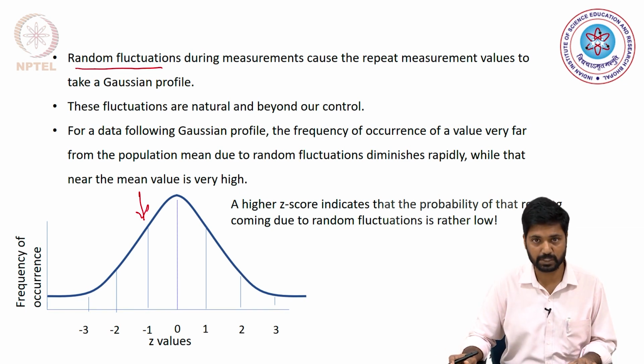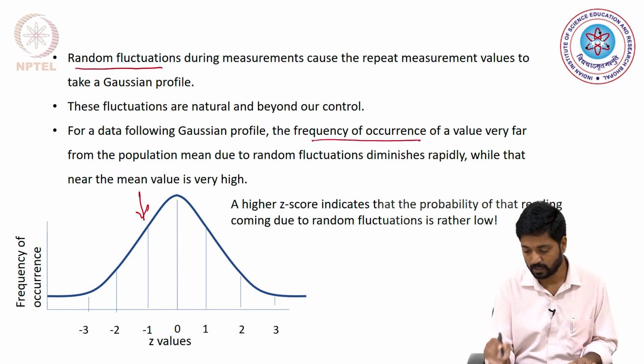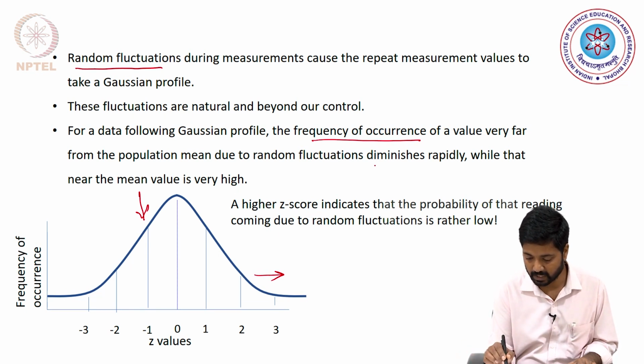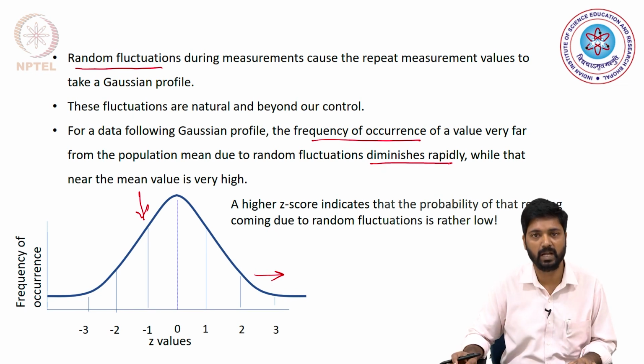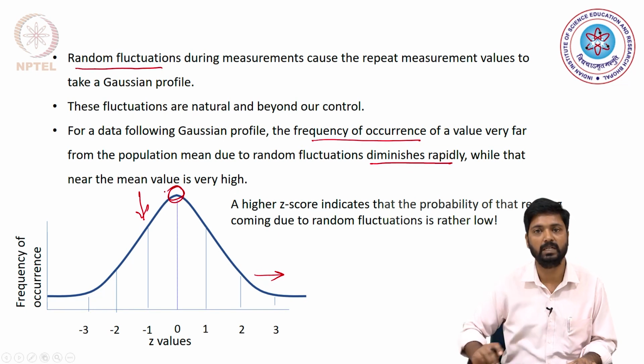These fluctuations in our measurements are considered to be natural and beyond our control, and for a Gaussian profile, the frequency of occurrence of a value which is very far from the mean value is very low. It diminishes very rapidly as the value that we are measuring moves very far away from the mean value.